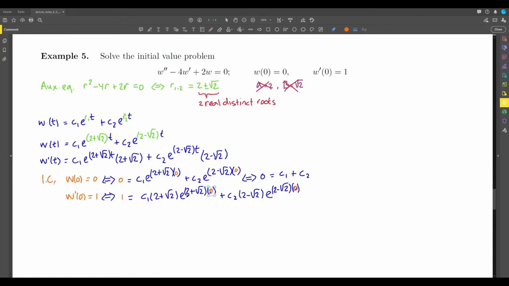Now again, the exponential function disappears because we're plugging 0 in, so that just becomes a factor of 1. So this equation now simplifies to 1 equals c1 times 2 plus square root of 2 plus c2 times 2 minus square root of 2.